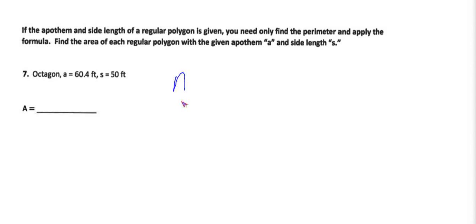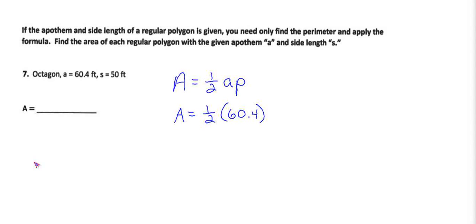Area is 1/2 apothem times the perimeter. So area is 1/2. Now, the apothem is 60.4 feet. So apothem 60.4. Now, next we need to find the perimeter.